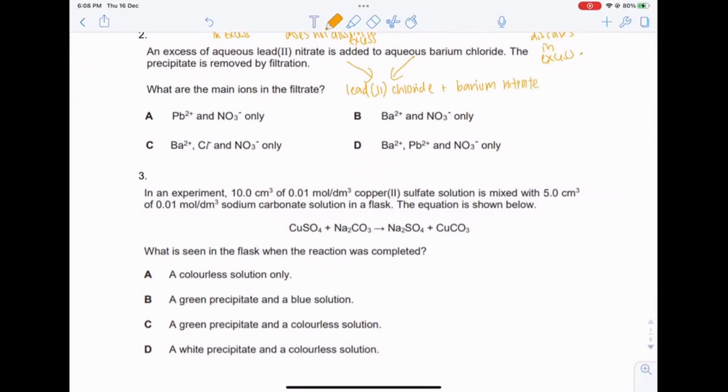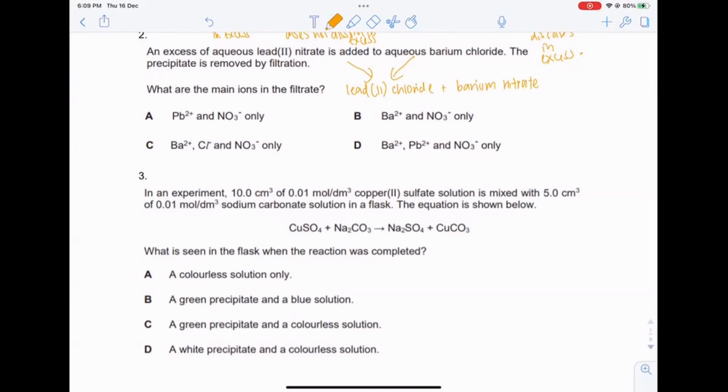So which one is the precipitate? They said the precipitate is removed by filtration. So let's ask Lai Ye, which one is the precipitate? Lai Ye, you there? Which one is the precipitate? Lead(II) chloride or barium nitrate? Barium nitrate. You sure?